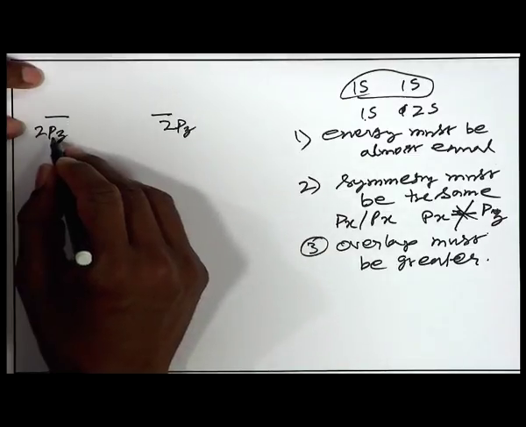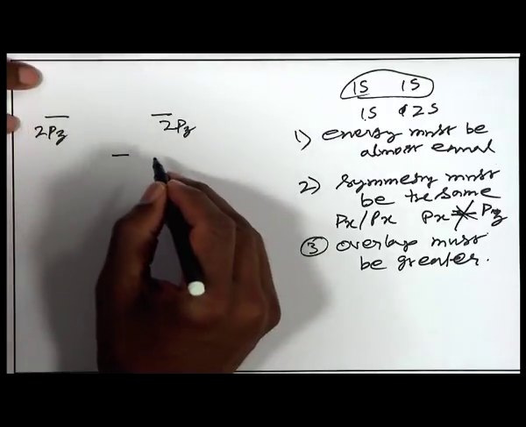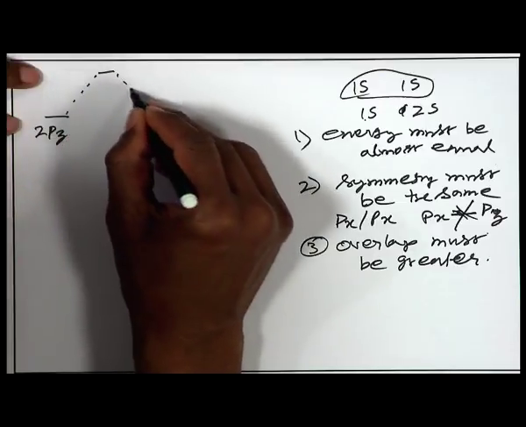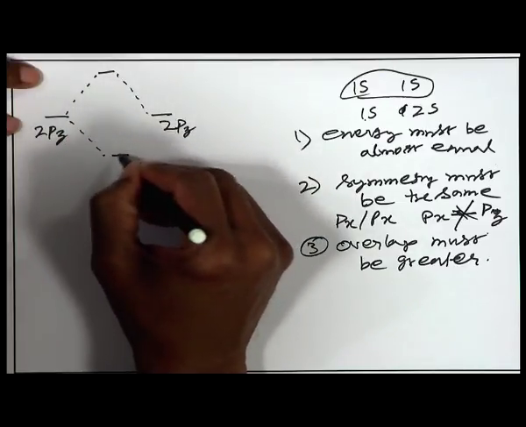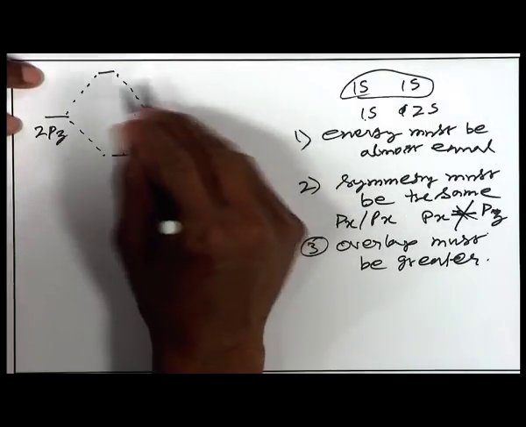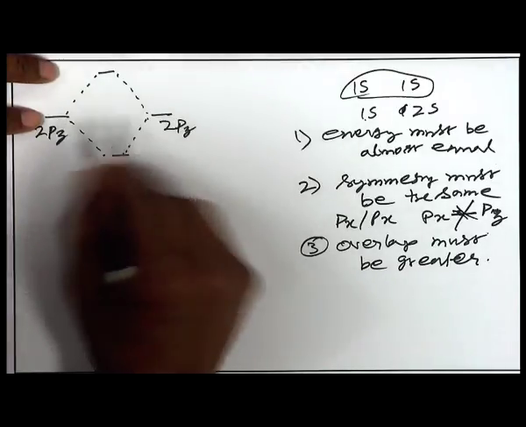Pz interacting with Pz gives one energy level lower in energy and another higher in energy, connected by these lines, which represent the interaction between the two orbitals.